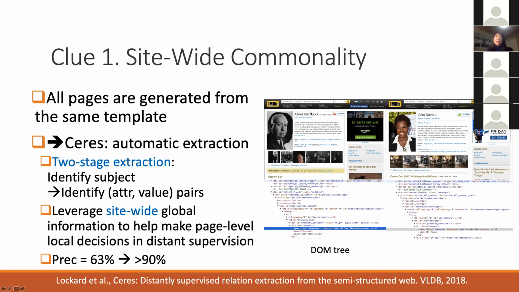The second difference is that we are leveraging the site-wide global information when we generate the training data. Even in distant supervision, in training data generation, we already exploit the similarity across the different web pages. So for example, here we have born, we have died. It may not be easy to distinguish them, but we know born should have a similar template, similar paths on each page.